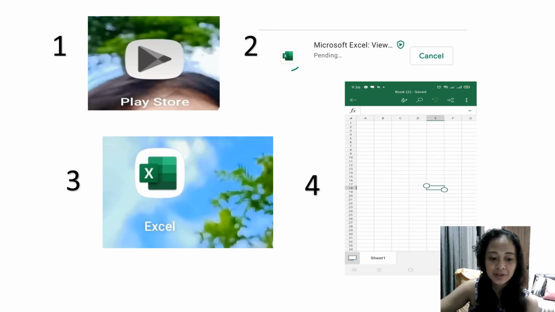So that's number 3. And then once you open it, number 4, you will see how the interface looks. There are rows and columns which will help us to do certain tasks. Okay?